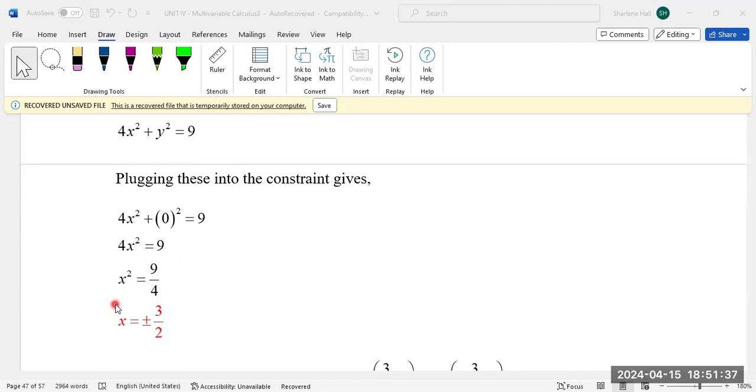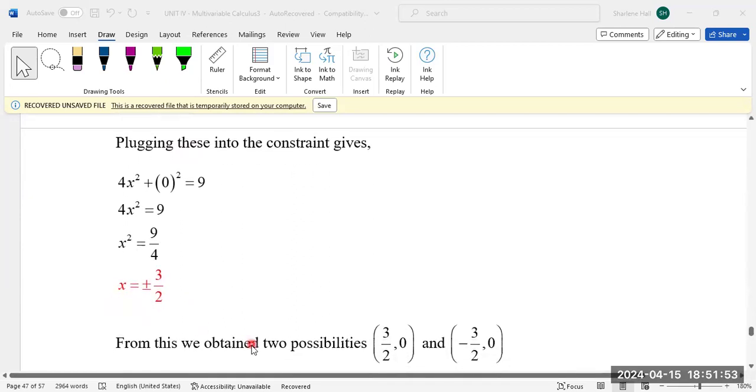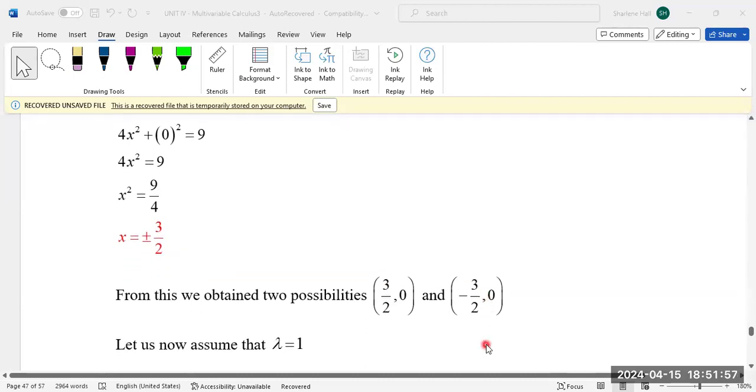Remember, when you're doing simultaneous equations and we substitute one value in there, that value is married to that one. So that's why we're not doing the 162x yet. We're going to finish off the other equation first. When we get the answer, we'll put it down and then we start with the other one, because we don't want to get the values mixed up. So the two possibilities obtained will be 3 halves, comma 0, and negative 3 halves, comma 0.